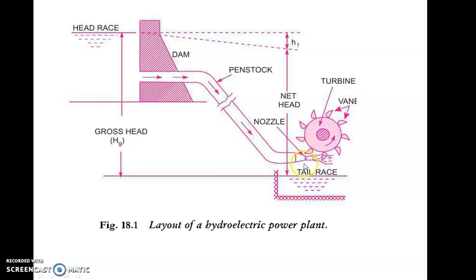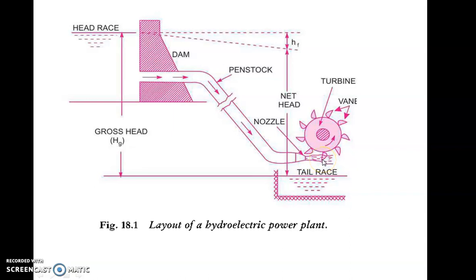Then the energy available at the end of the nozzle is nothing but the input energy to this bucket, or to the wheel. So input energy is nothing but your kinetic energy, or you can also calculate it as rho GQH, that is the input power to the turbine.